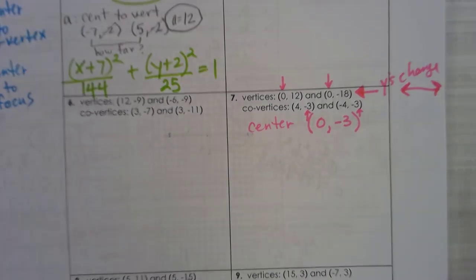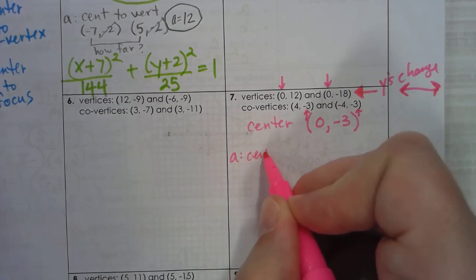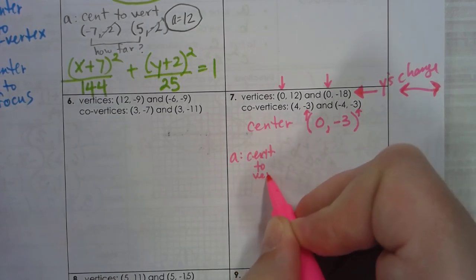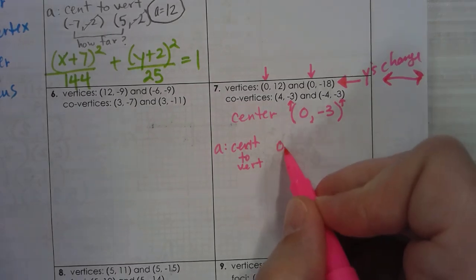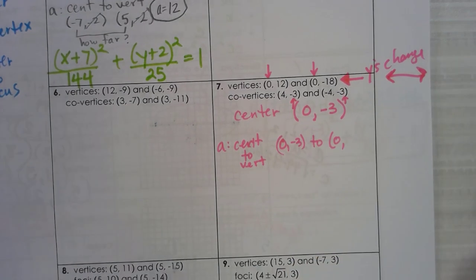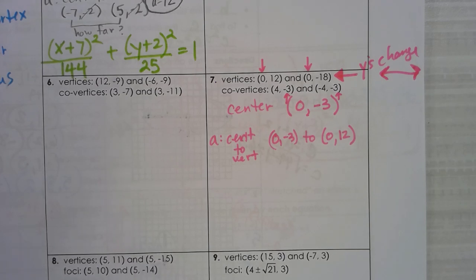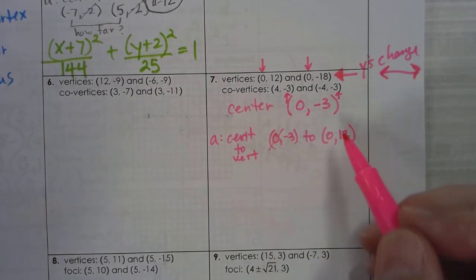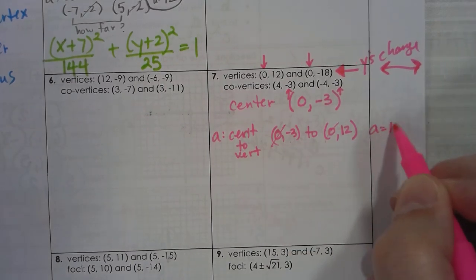All right, now we need A. A is the center to a vertex. So center to one of our vertices: 0, -3 to 0, 12. Sure, it doesn't matter which one. From -3 to 12, A is going to be 15.